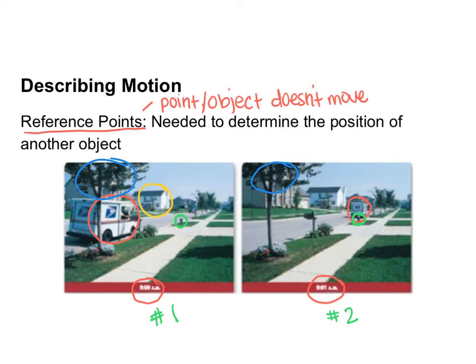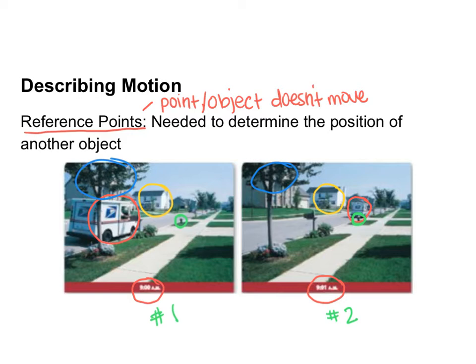Another reference we could choose is a house. A house just can't get up and move on its own. In these two pictures, the houses are in the same location, that white house there. But compared to it, the truck is in a different spot. In the first picture, the truck is way before that house, and in the second picture, it looks like it's across the street from that house. So again, you're going to decide if something has moved based off of something that can't move.